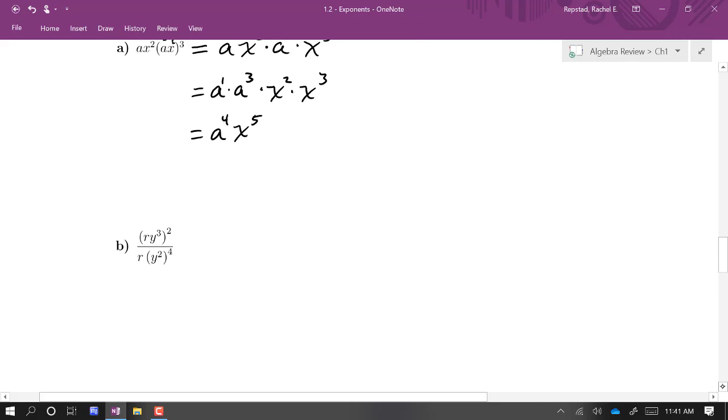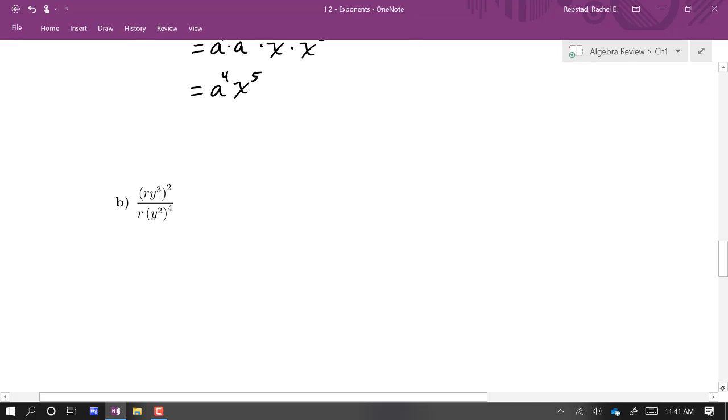Next, we have this fraction, and I've got some stuff going on, right? We have a parentheses raised to a power up top, and I've got a product there raised to a power. So I'm going to distribute that square. So we have r squared times y cubed squared. On the bottom, r times y cubed to the 8th.